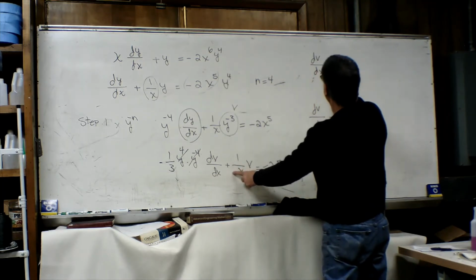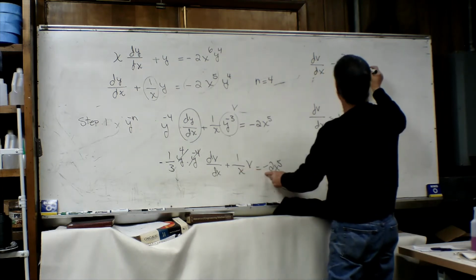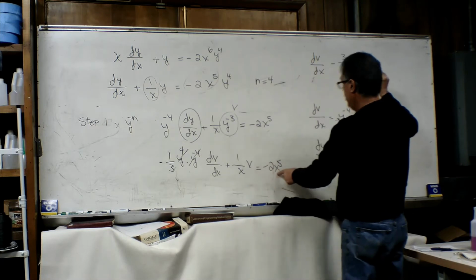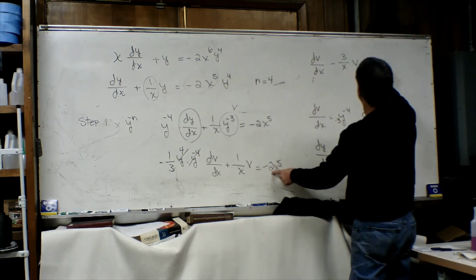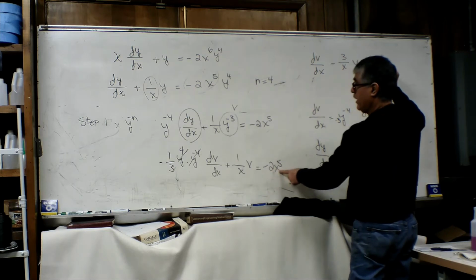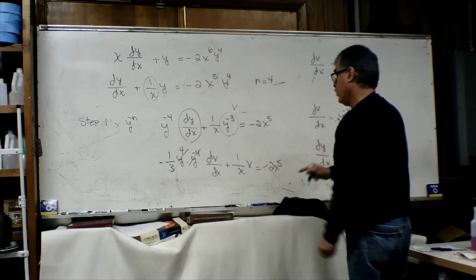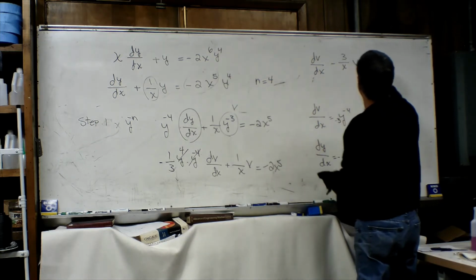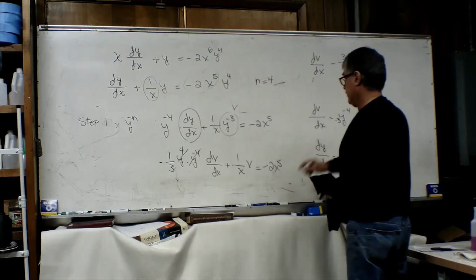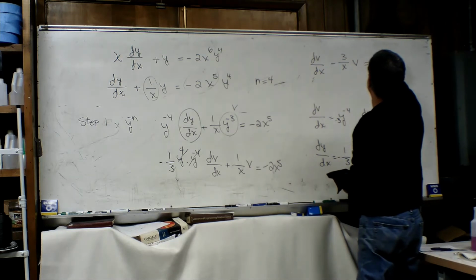If we multiply both sides by minus 3, we are going to have dv over dx minus 3 over x v equal to plus 6 x to power 5.